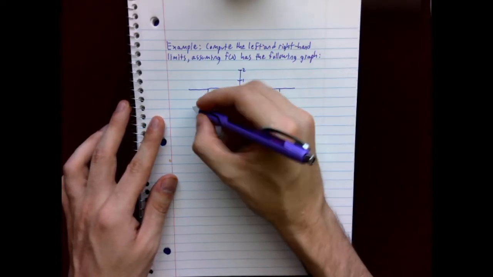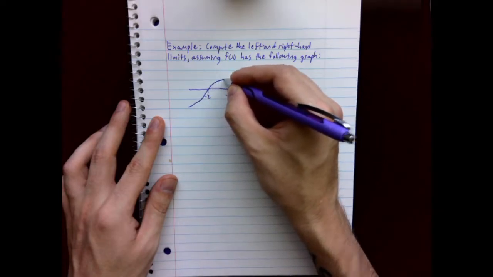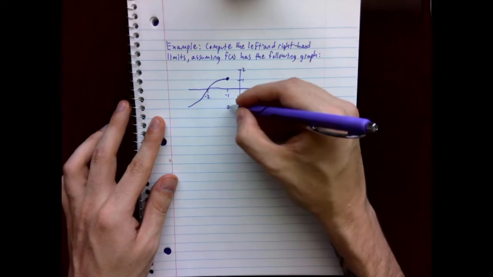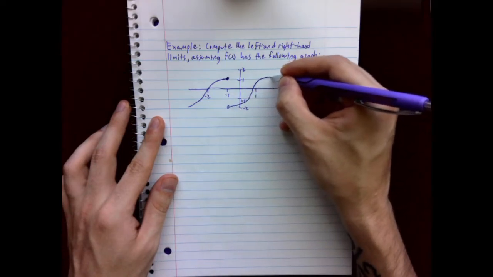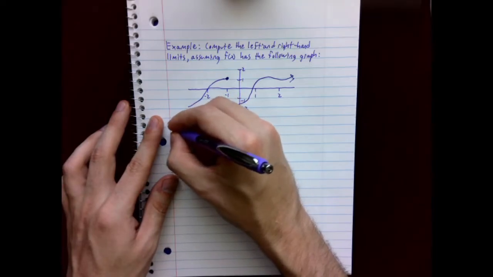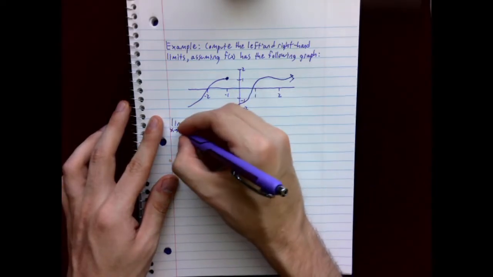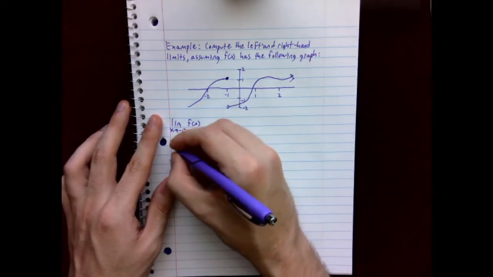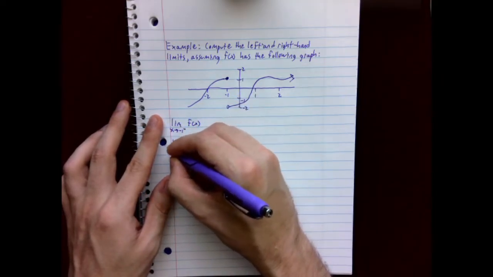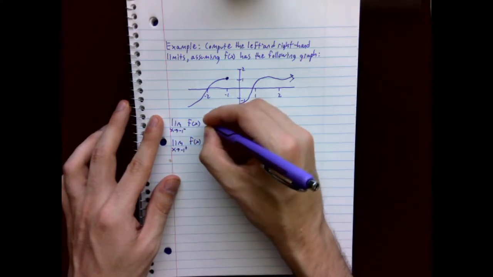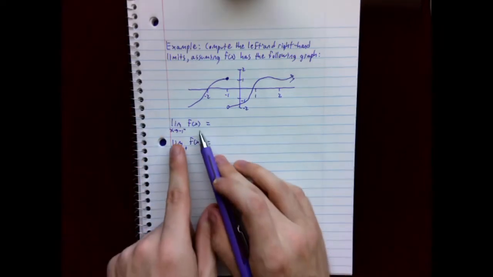We'll do something like that. So let's do the limit as x approaches -1 from the left of f of x, and the limit as x approaches -1 from the right of f of x. Well, what are these going to be equal to?